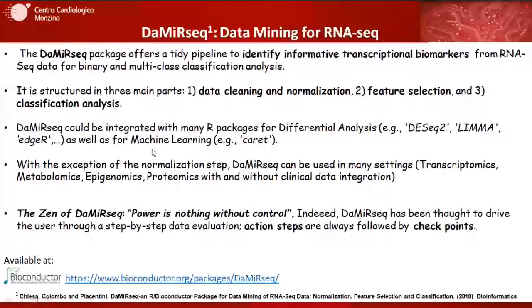Today I will show you, as Davide told us before, a major implementation of the DaMiRseq package called DaMiRseq 2.0, which extends the skills of the previous, the native version, and adds new functionalities.